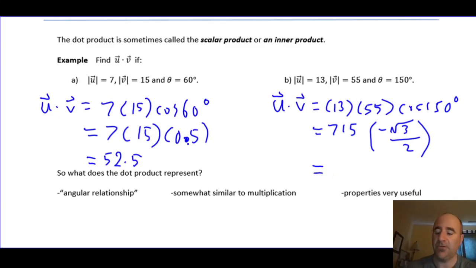I just want to point out that the dot product can be a negative number. If we round it, we get about negative 619.2. If the angle is obtuse, the cosine is negative from the CAST rule, so it's possible that your dot product could also be a negative number.